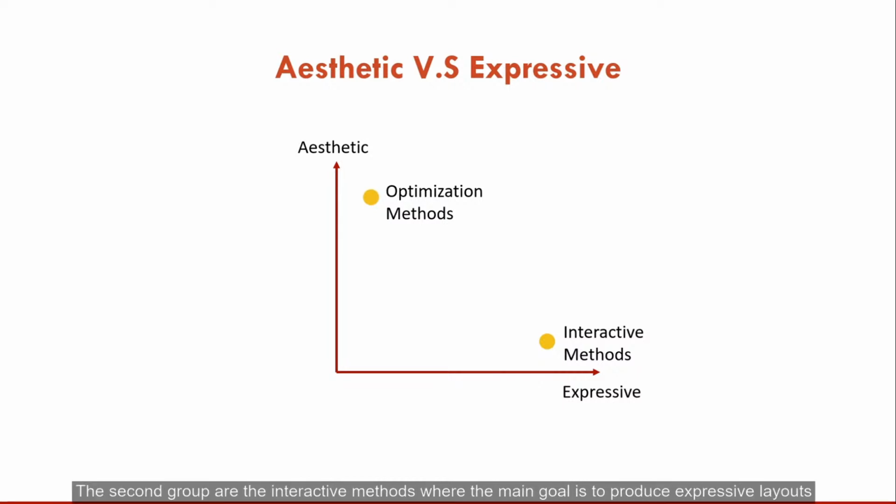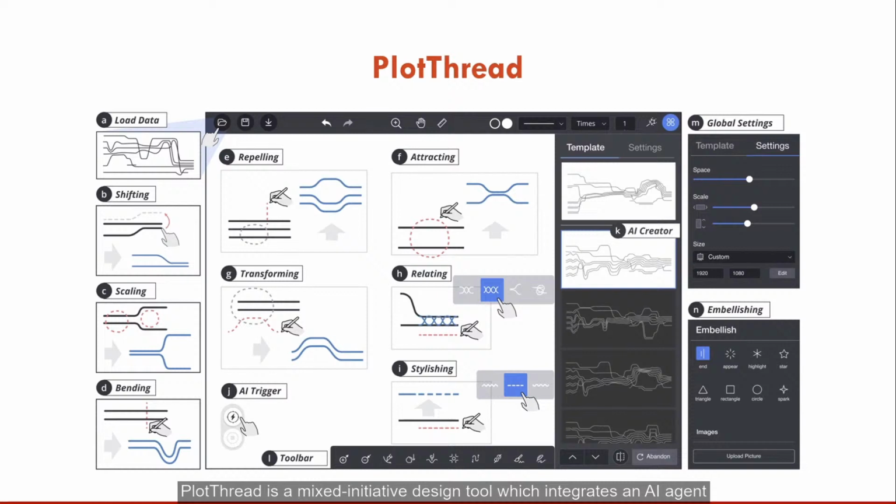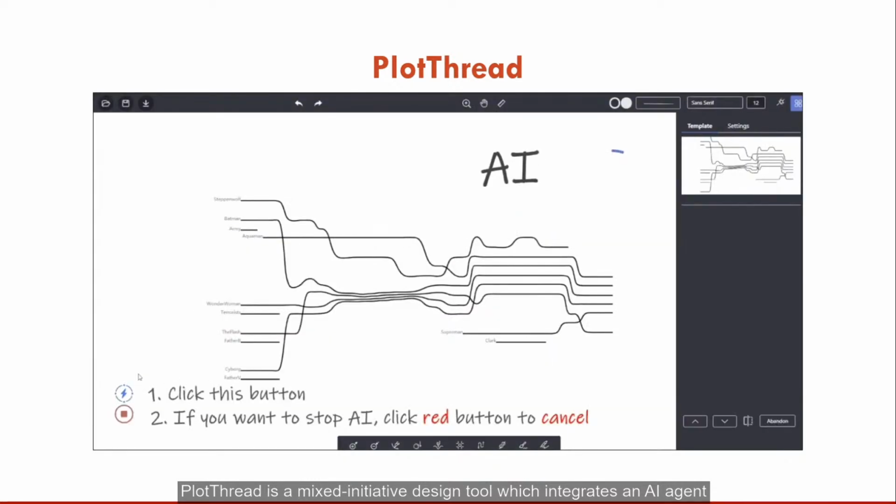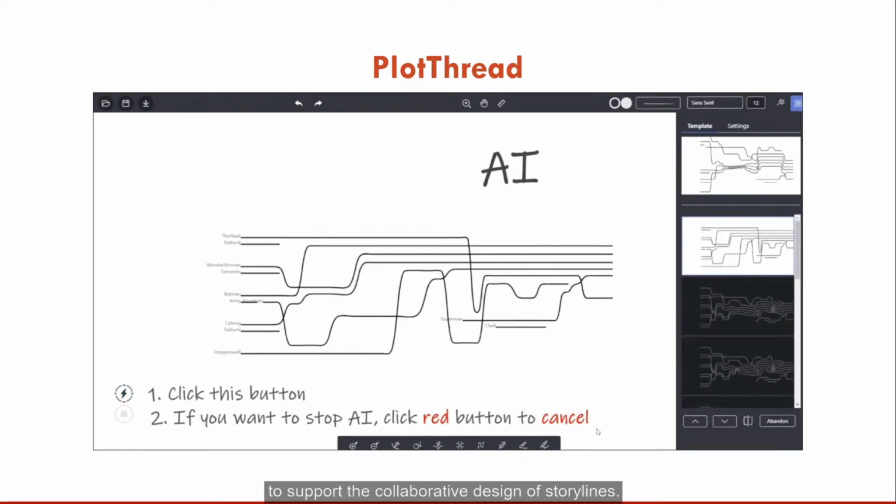The second group are the interactive methods, whose main goal is to produce expressive layouts, which may lose some aesthetic quality. To bridge the gap between the 2 sides, we developed PlotThread, a novel authoring tool for storyline visualizations. PlotThread is a mixed-initiative design tool, which integrates an AI agent to support the collaborative design of storylines.